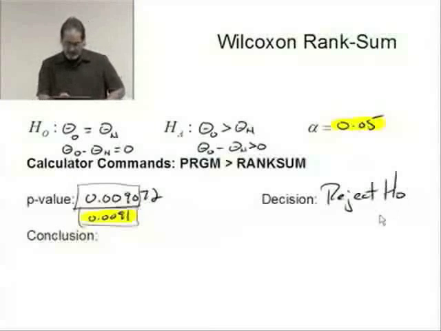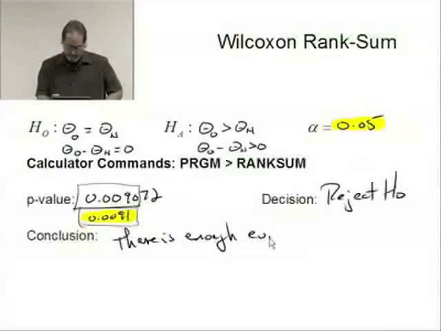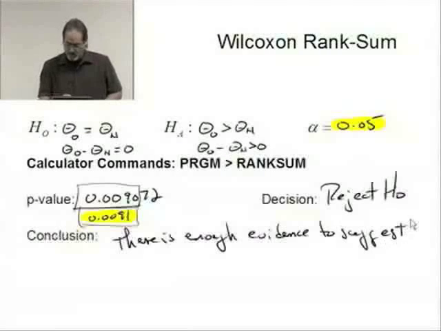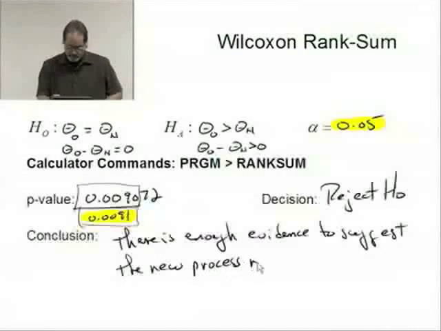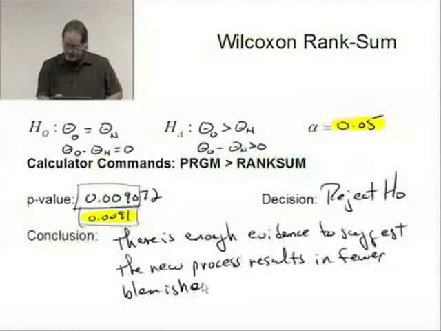And then the conclusion is going to be that there is enough evidence to suggest or indicate, however you want to word it, the new process results in fewer blemishes. So there's our conclusion.